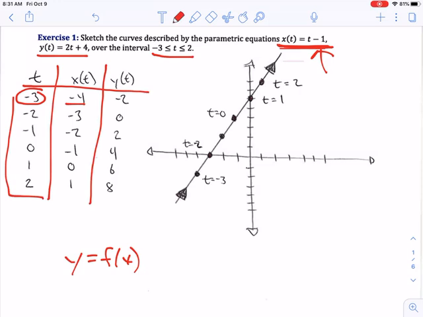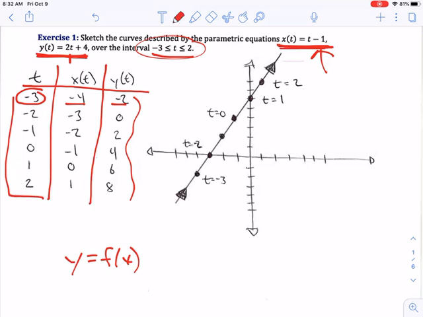And when t is equal to -3, we see that y is going to be -3 times 2 is -6, plus 4 is -2. So there's nothing really new here. We're just evaluating functions at values of t and creating a table of values. So we go through and do that for all of the values of t within our interval from -3 to 2. And so we get these sets of ordered pairs.